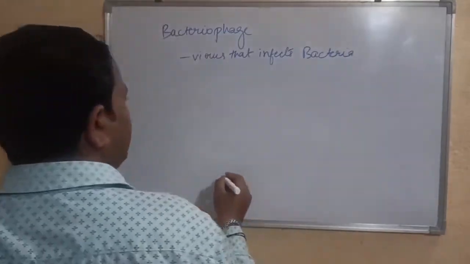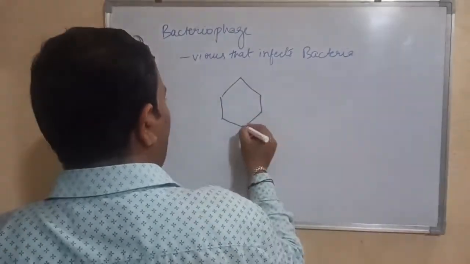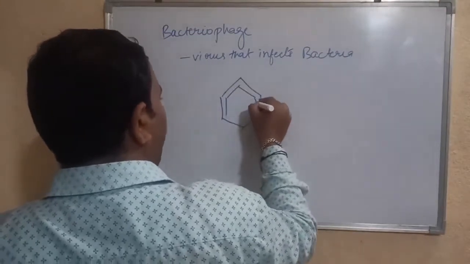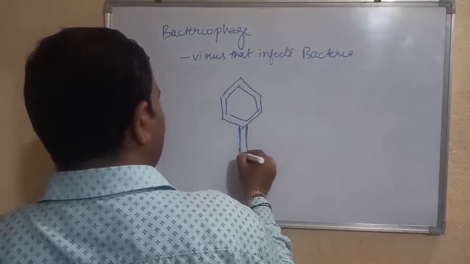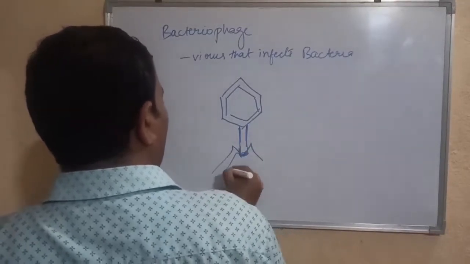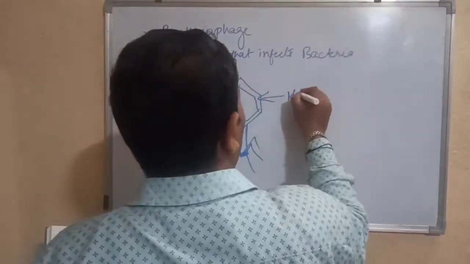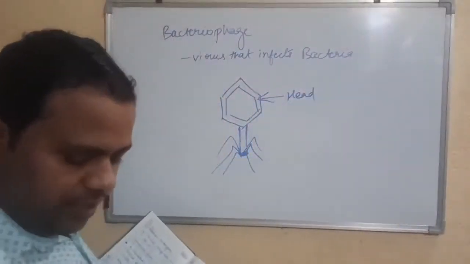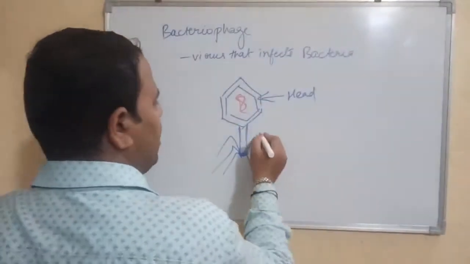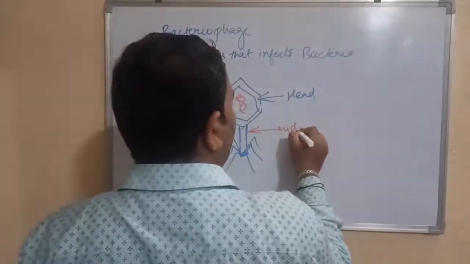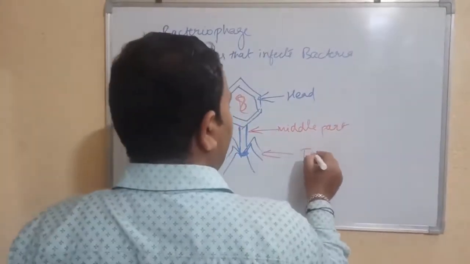Okay, so now here it will be like this. The structure is like this. It has a protein capsid head, a middle part, and a tail like this. So this is the head, made up of protein, and there is the genetic material in this, and there is a middle part, and there is the tail.